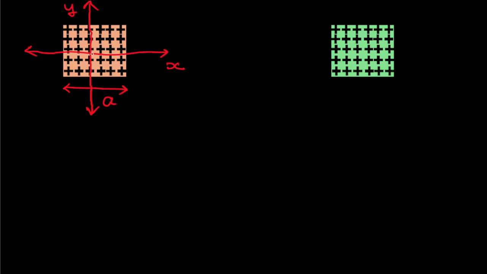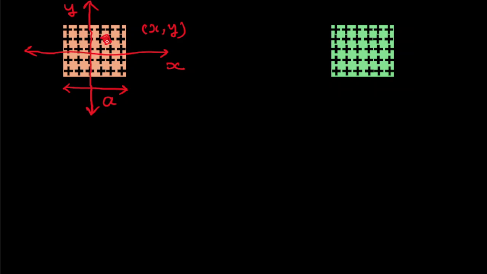Then we have to calculate the potential at the center of this plate. To calculate this potential, first consider a point on this plate. Let's say this point has coordinates x and y with respect to this origin. Since it is a continuous charge distribution, to calculate the potential we have to consider an elementary area.